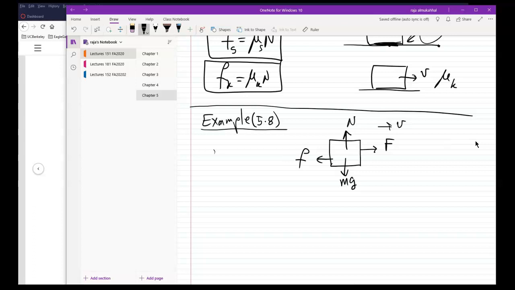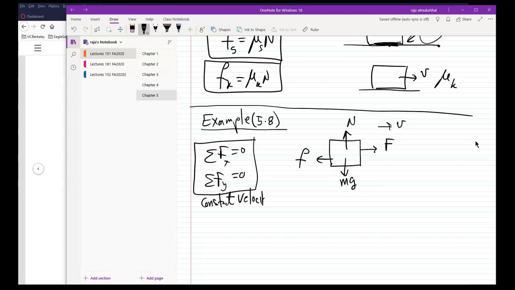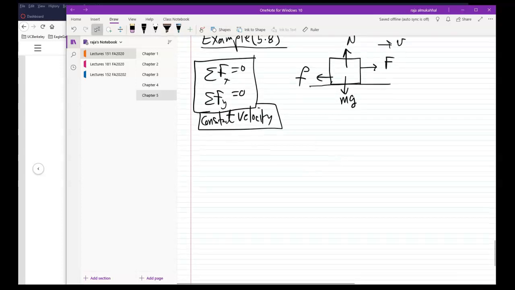So here are my equations: sigma F in the x direction equals 0, sigma F in the y direction equals 0. Why? Constant velocity. That's the first thing. To put the surface there is probably helpful. There we go. So how do we do it, guys?